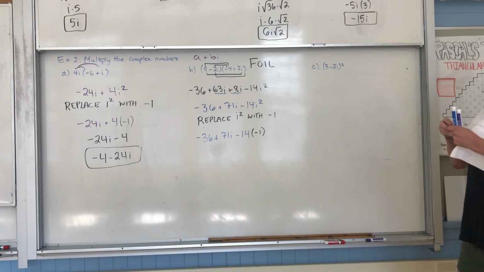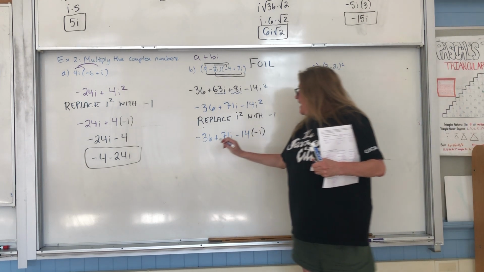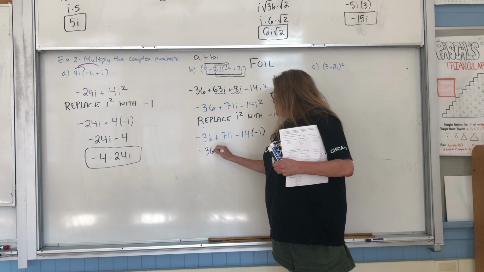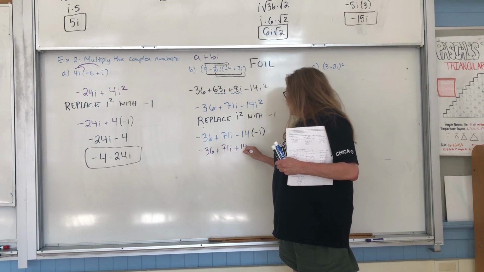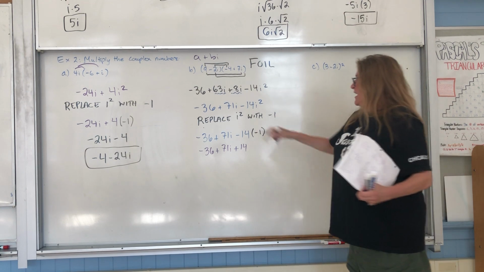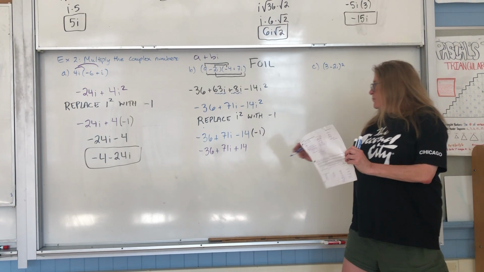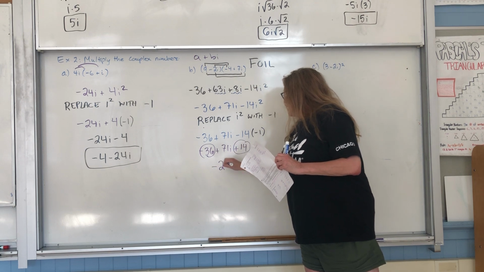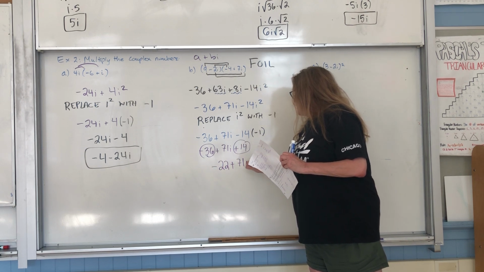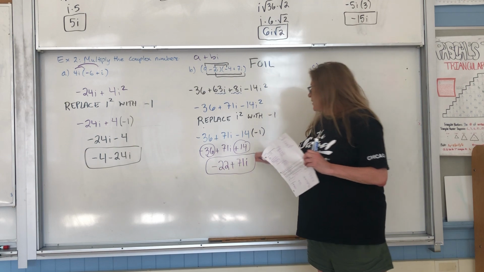Okay, guys, let's start simplifying this. I have negative 36 plus 71i plus 14, right? Because of the negative. And that ends up with, these are like terms, negative 22 plus 71i. That's what I've got.